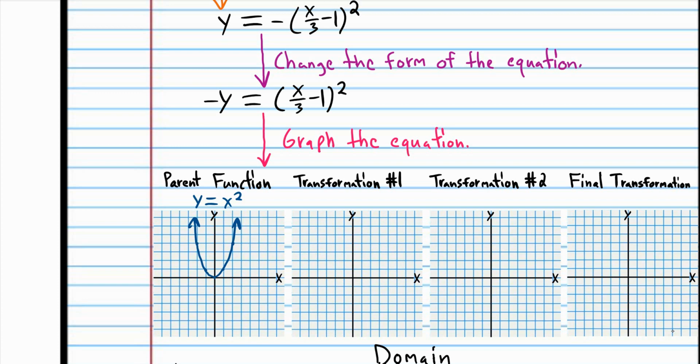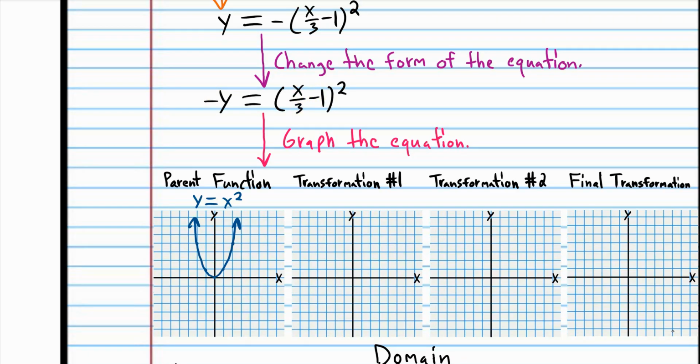Now we need to figure out what we're going to do first. Are we going to dilate, or are we going to translate, or are we going to reflect? In this case, you can translate first, or you can reflect first, but you cannot dilate first, because we cannot subtract 1 from x over 3.